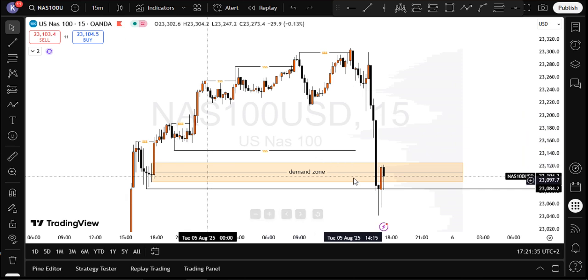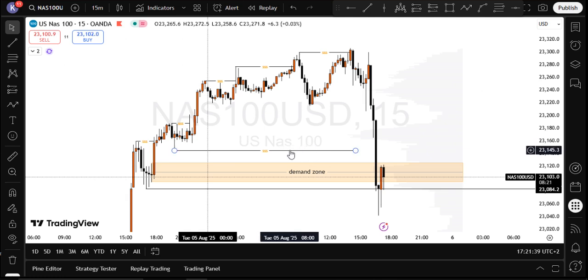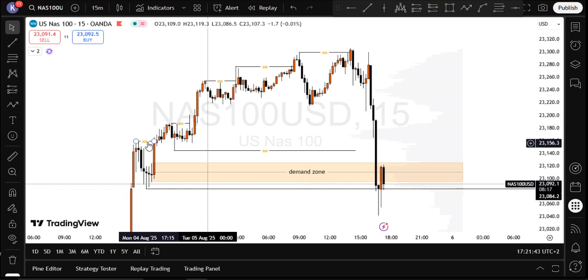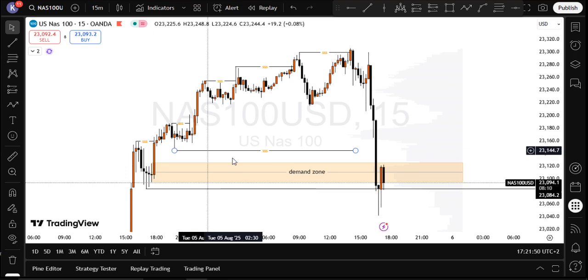Before we can target the demand zone, we need to see the market sweeping the sell side liquidity, because here it was creating buy side liquidity and sweeping buy side liquidity while leaving sell side liquidity behind, right?